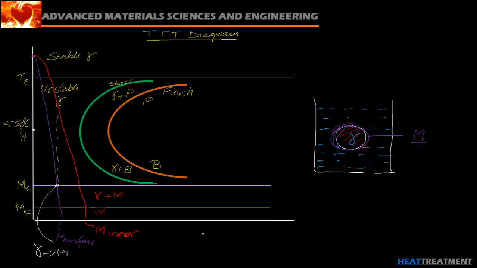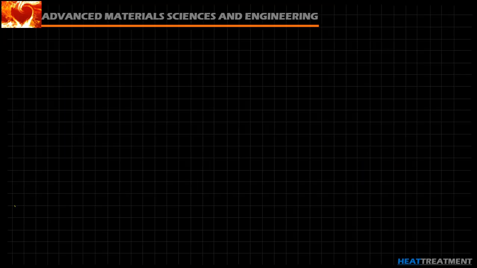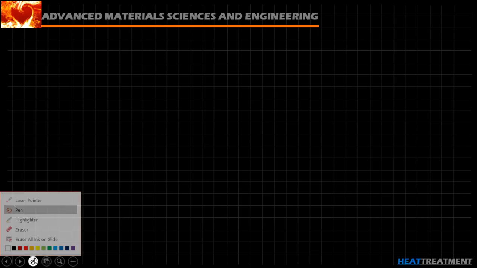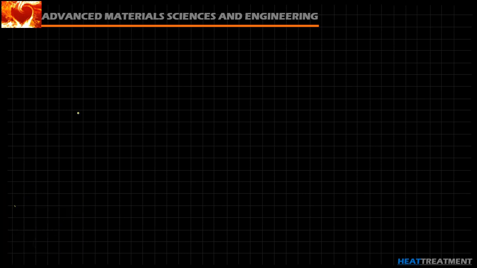But there is a problem with this kind of transformation, and to consider that problem, we will just consider the volume change during austenite to martensite transformation.